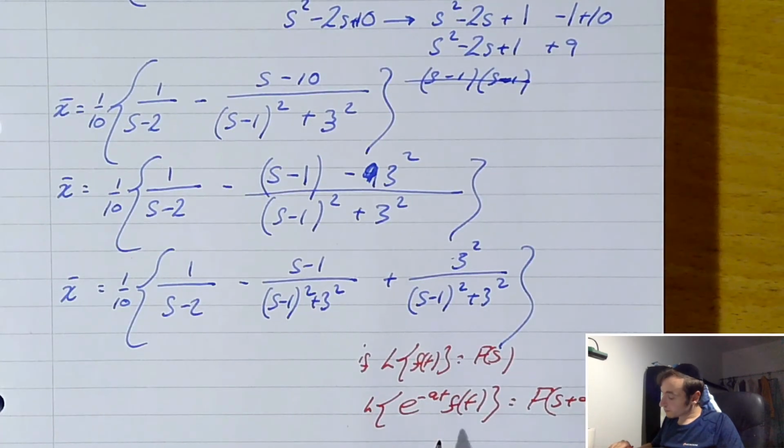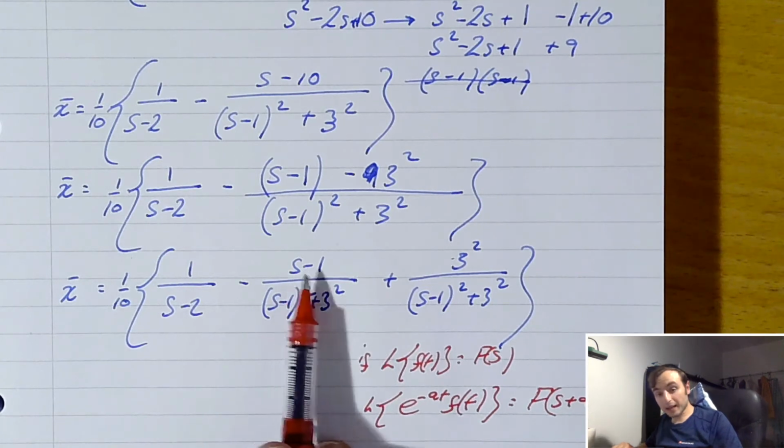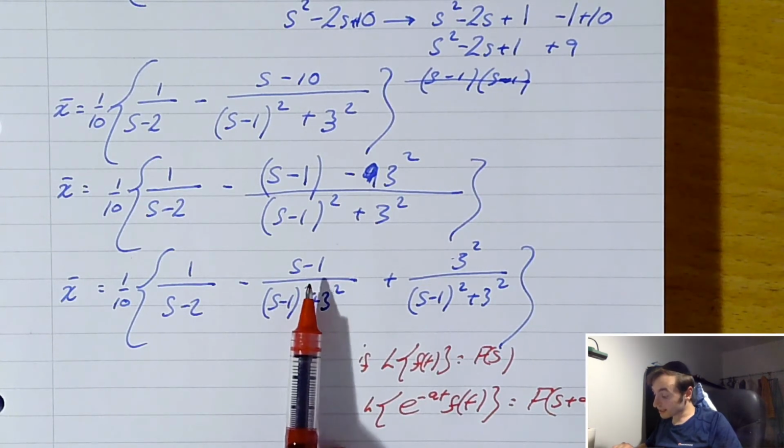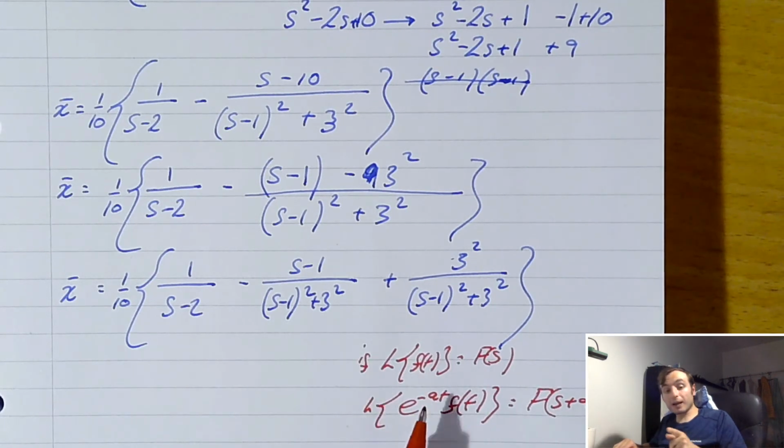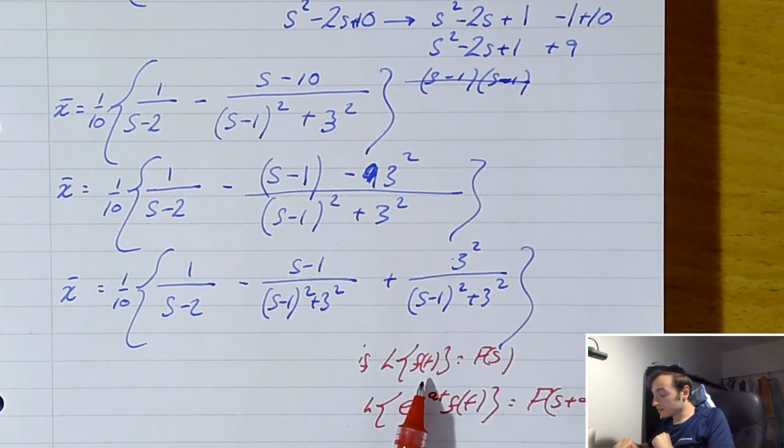Remember we had that? And what do we have here? We have F of s plus a, don't we? Or in this case, F of s minus a. So we know that that's going to be whatever the Laplace transform of the original function was, which looks very much like a cosine function, multiplied by e to the minus at.